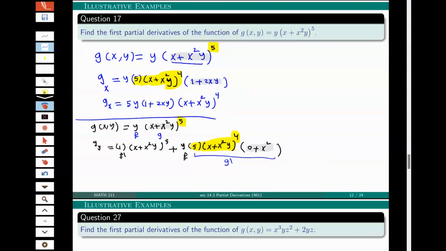Let me say here it's f times h, so it will be f dash times h plus f times h dash. So finally we get g sub y is equal to x plus x squared y to the power 5 plus 5yx squared times x plus x squared y to the power 4.